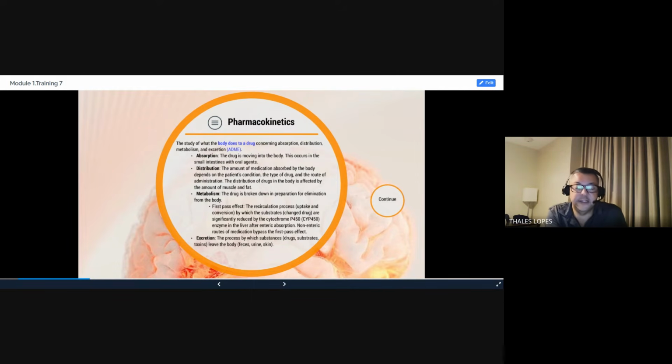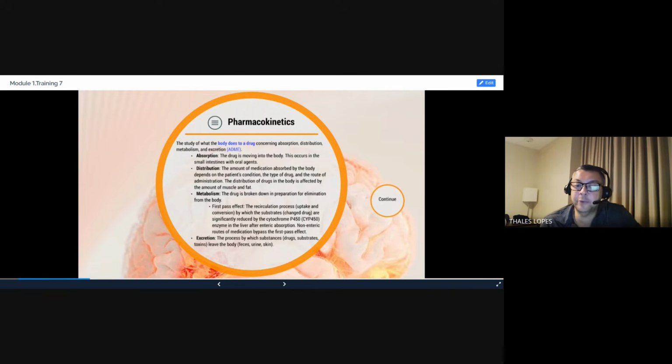You can think of this as ADME. Absorption: the drug is moving through the body, occurs in the small intestine with an oral agent, that's bypassed once it's IV, right? Distribution: the amount of the drug that's absorbed depends on the patient's condition, like the type of drugs, the route of administration affects distribution.